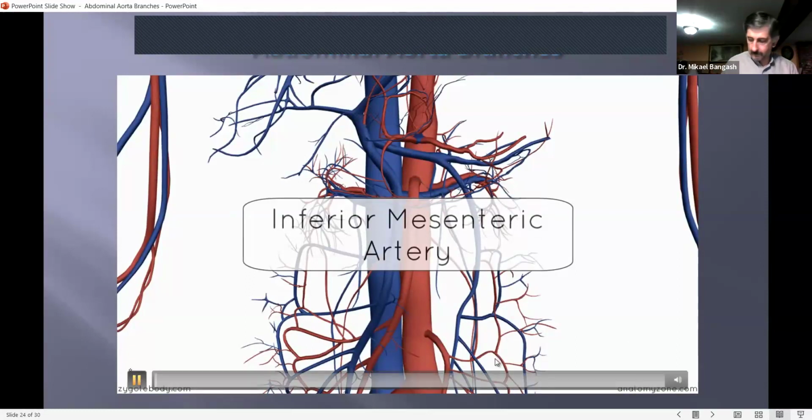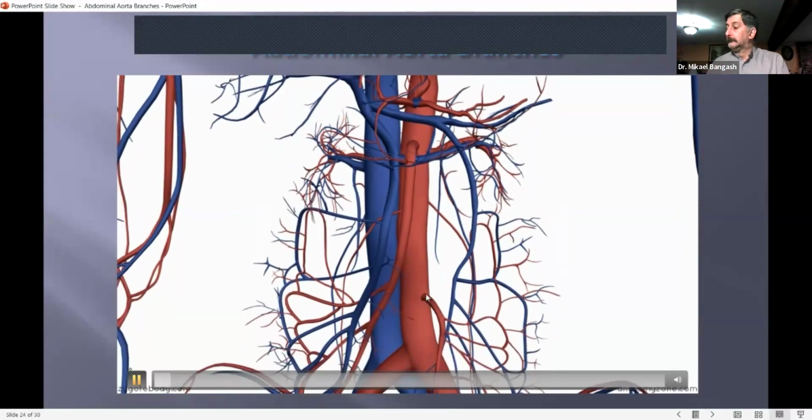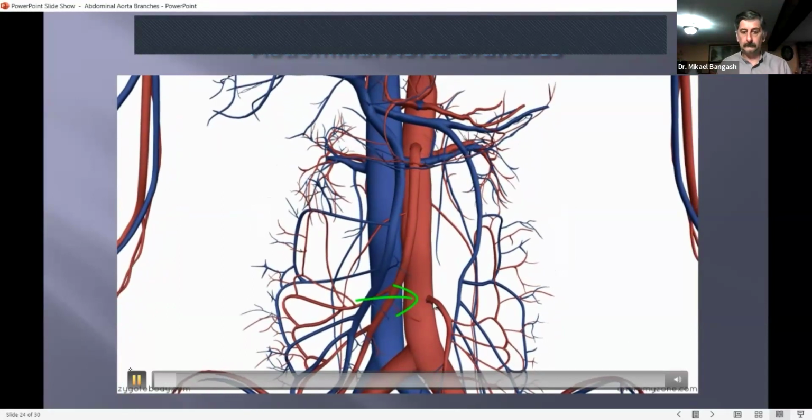So this tutorial is on the inferior mesenteric artery, and this kind of follows on from the previous tutorial I did on the superior mesenteric artery. The inferior mesenteric artery is this artery right at the bottom here, and this comes off anteriorly on the abdominal aorta and slightly to the left.